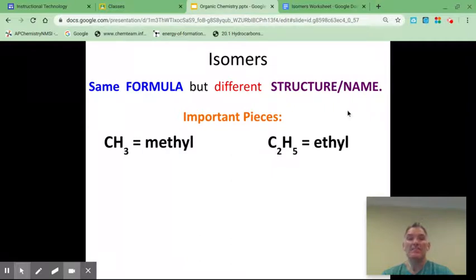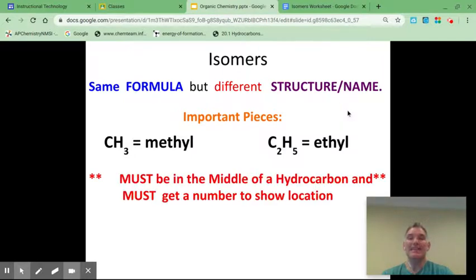But the key thing is going to be these two things have to be in the middle of a hydrocarbon. And because it's in the middle of the hydrocarbon, we're going to be able to use our numbering system to name what the compound is to show what the location is going to be.